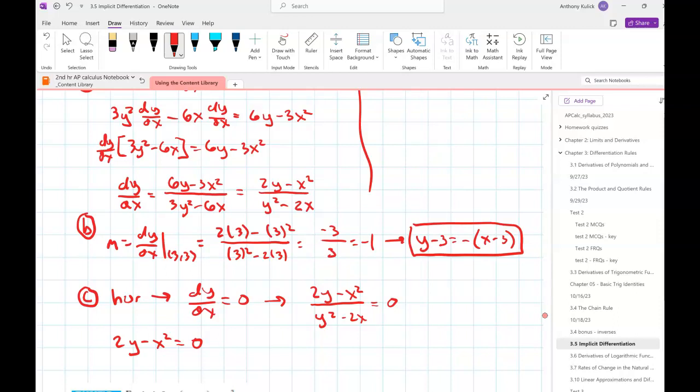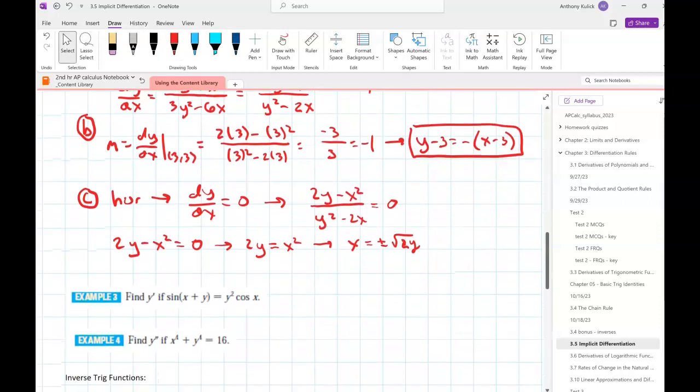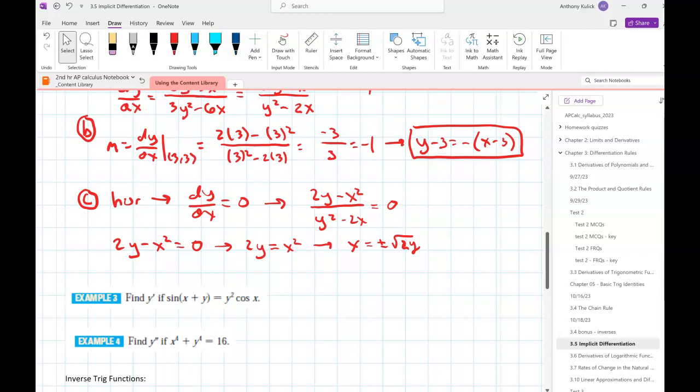Okay. And if we add x squared to both sides, we'd have this, right? So we'd say that x is equal to plus or minus root 2y when we square root both sides. Everybody's okay there?